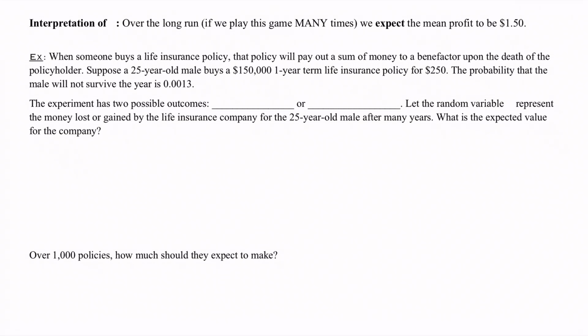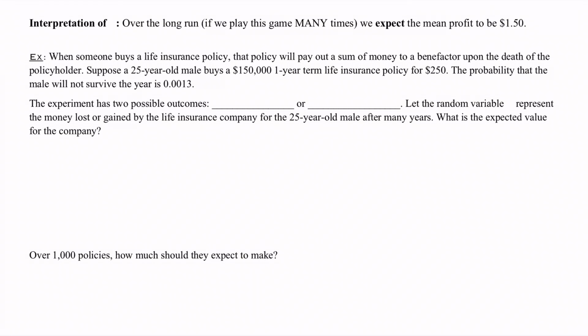Okay, so in this case, in the case when the person dies, then the insurance company is going to have to pay out $150,000 minus the $250 that you wound up paying for the policy in the first place. And in the case when you live, well, then they don't lose anything.